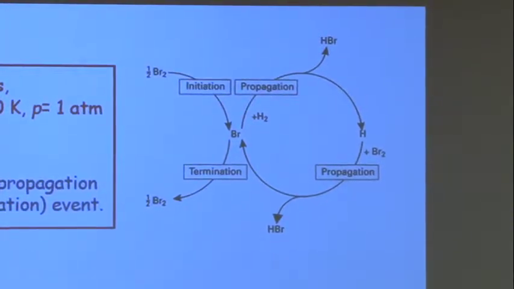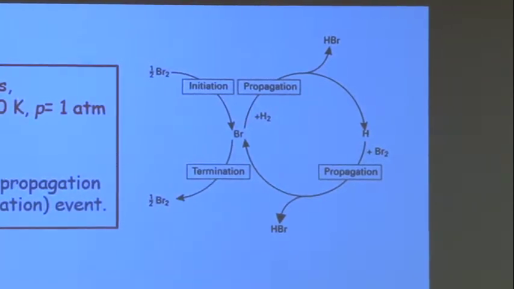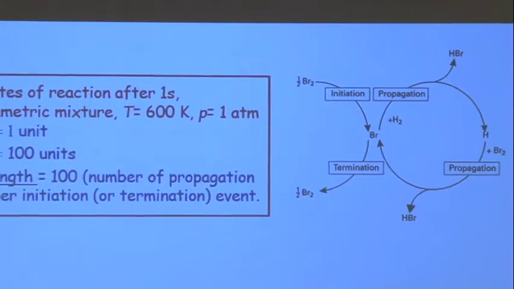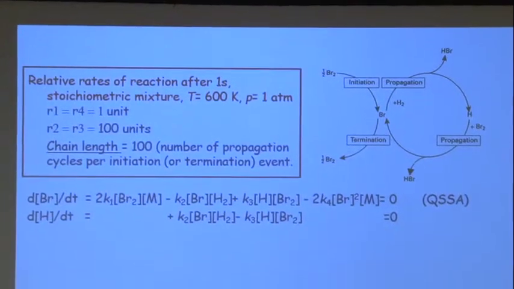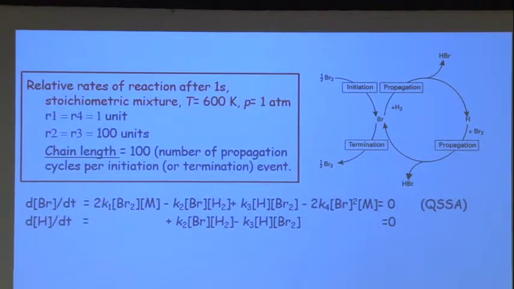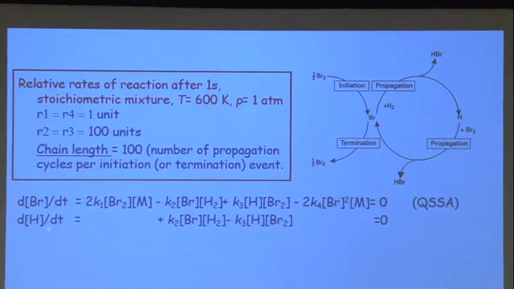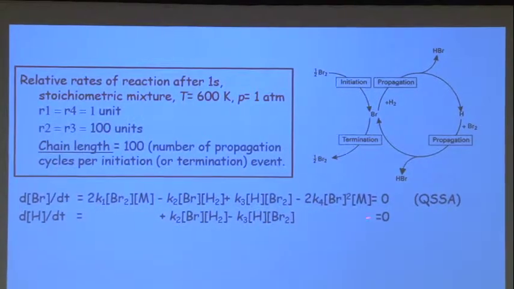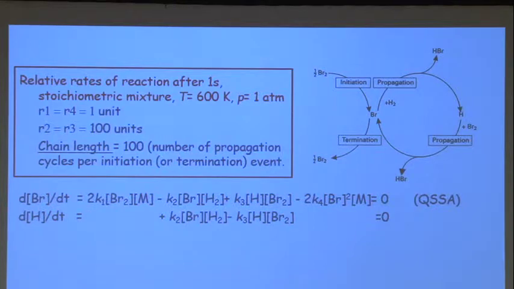That's what's called the chain length, the number of propagation cycles per initiation or termination event. And in this case, that's about 100. Now, let's look at this and determine the concentrations of the species involved.